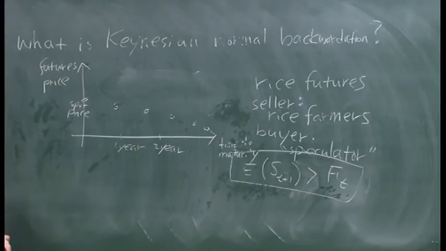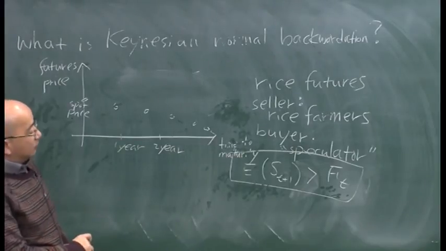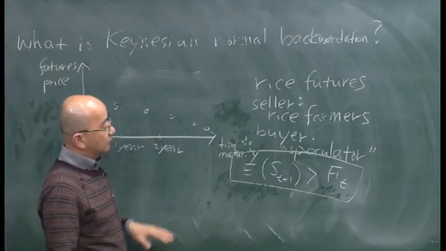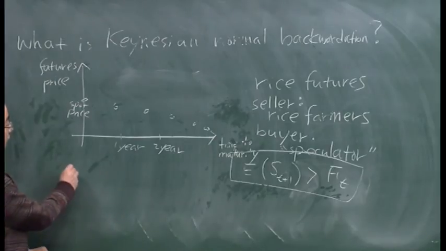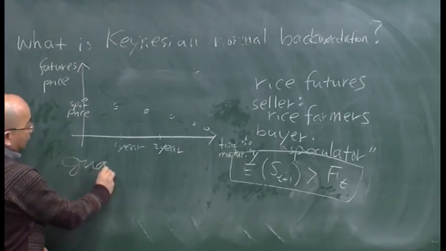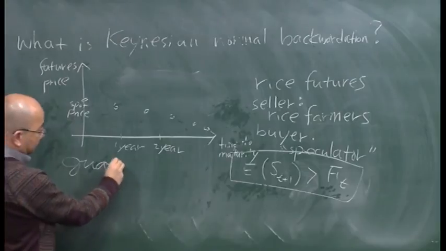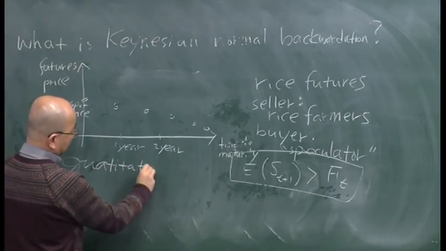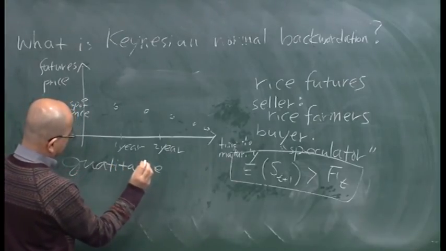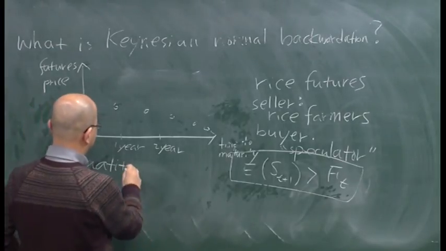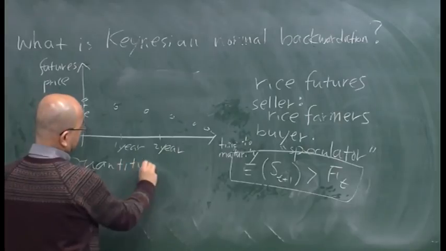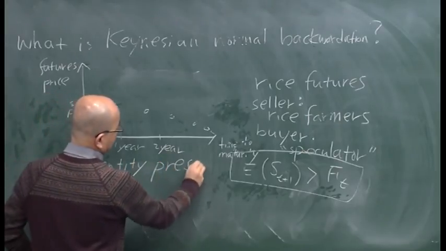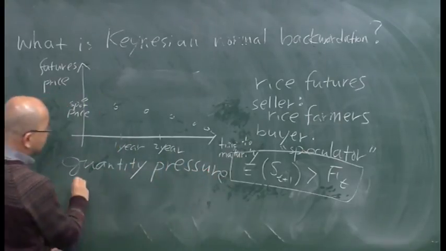Another issue with the Keynesian normal backwardation is, if you look at this story, it's not clear whether this story is about so-called quantity pressure, or is it about risk?